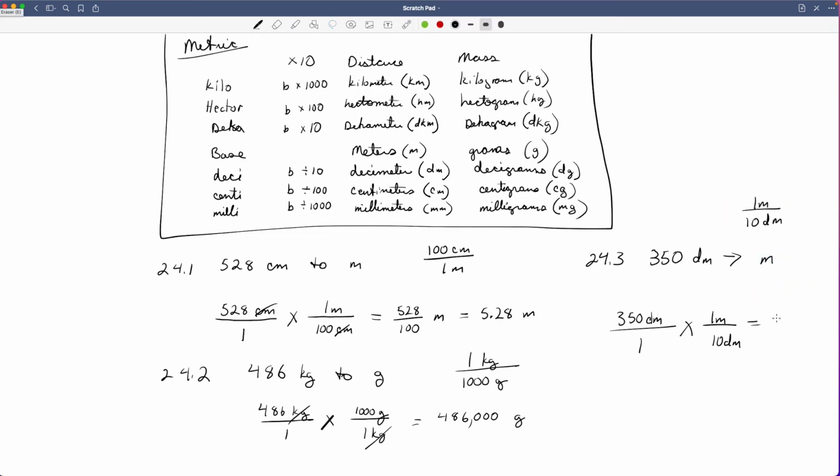And now we're going to say 350. These two canceled. 350 divided by 10 is the number of meters we have. So that is going to equal 35 meters. Easy peasy.